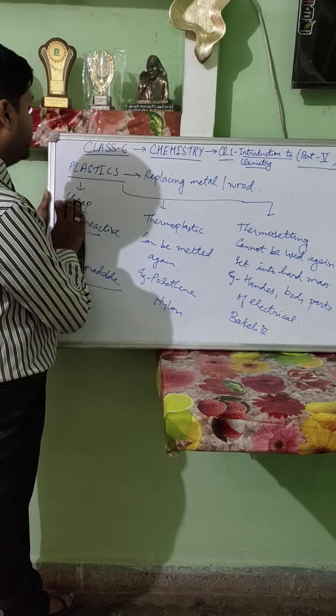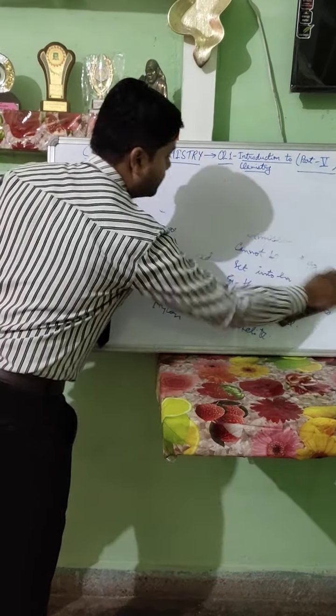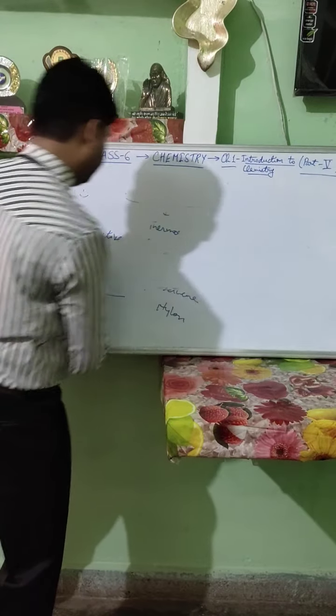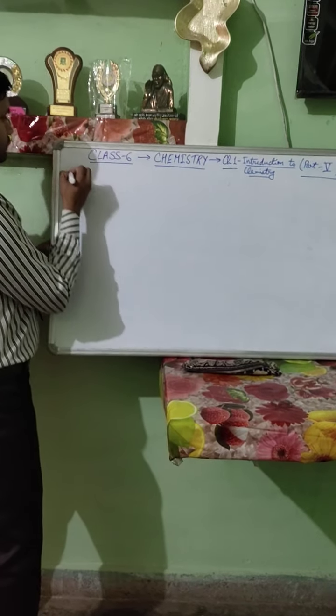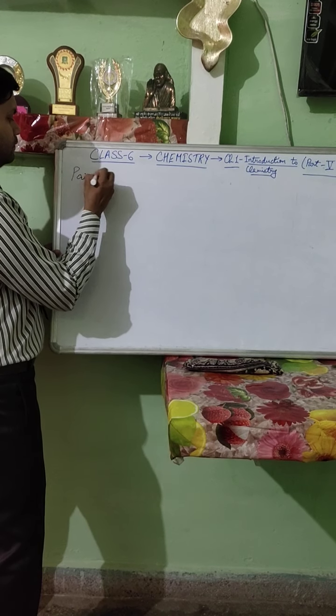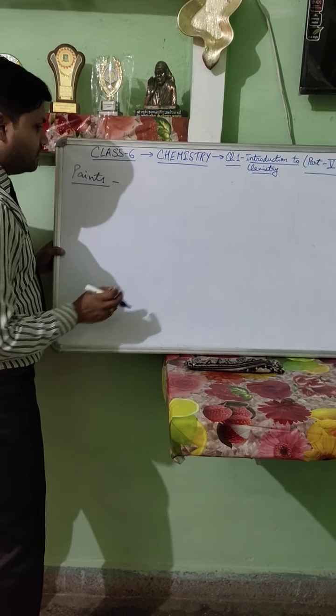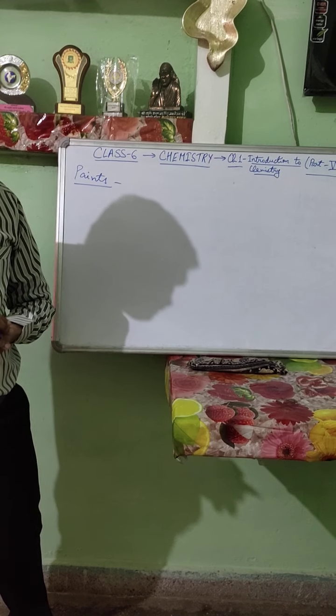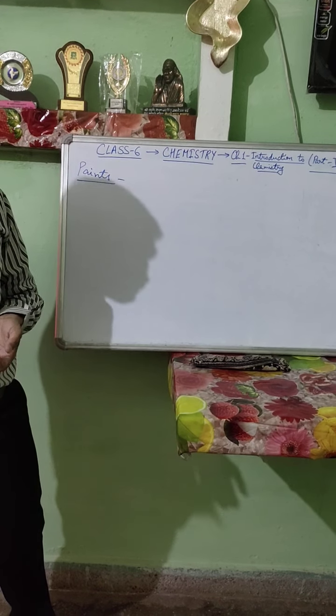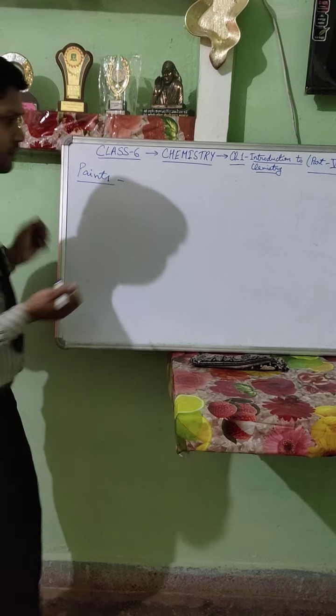Next, the third topic, is paint. What are paints? We use paints for decorating walls, for covering the walls, for providing different colors.